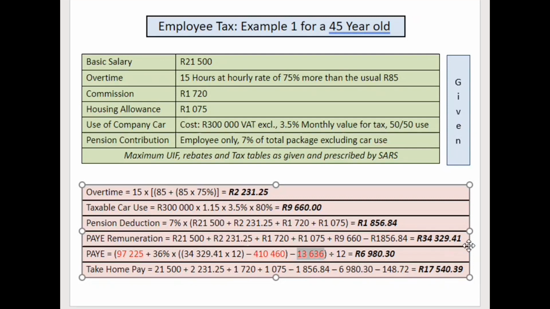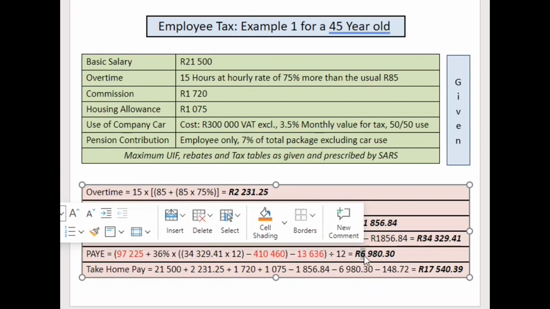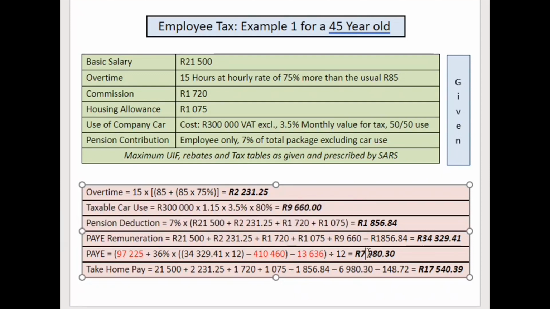And then we get to an amount here that is now 7,010 rand and 54 cents. Okay. But that is not his take-home pay. That is his pay as you earn.